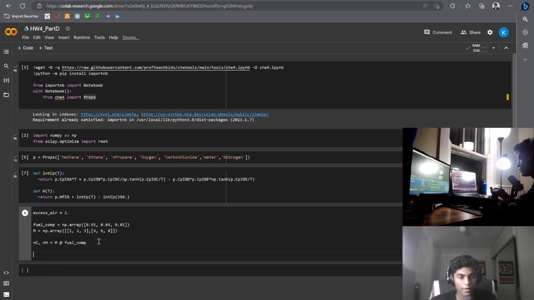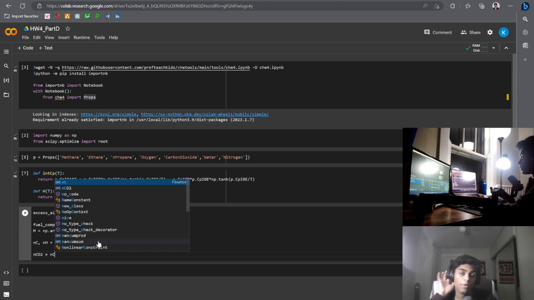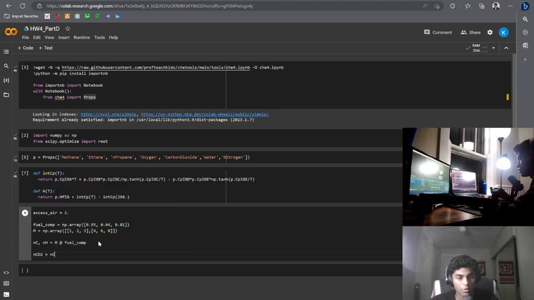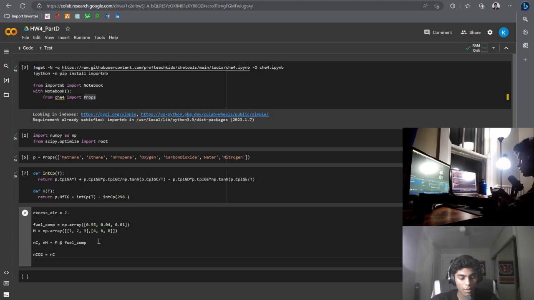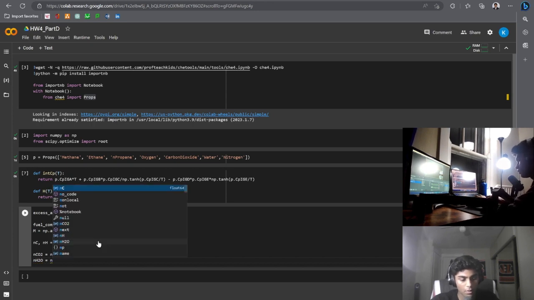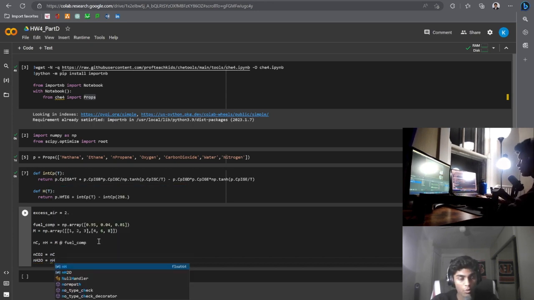So now we can determine the number of moles of CO2, because that's just going to be the number of moles of C, or the number of moles of carbon. All the carbon is going to go into the CO2. The number of moles of H2O is going to be the number of moles of H divided by 2.